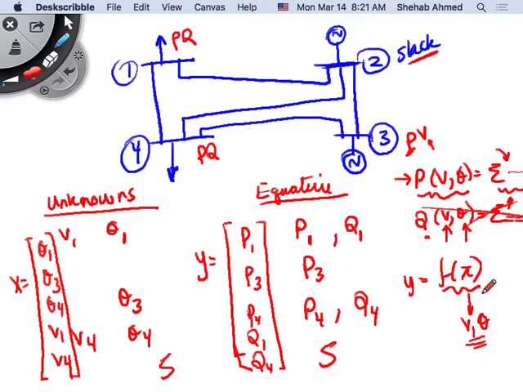I plug in the guess and then I check the equality, or basically I do y minus f of x equals 0. I have some new variable, z of x, equal to 0.